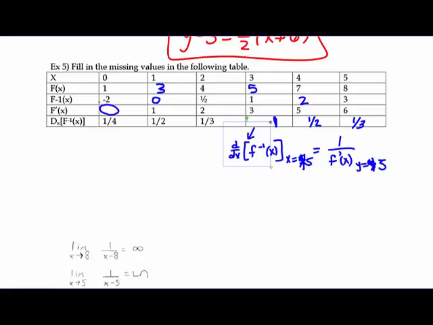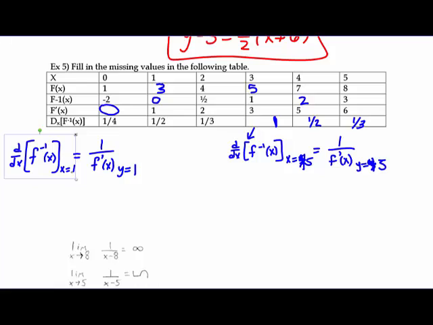Okay, now what about this guy right here? Well, let's see. This would have to have something to do with this inverse row, because I have that thing all filled in. So let's think about this for a second. This 1 over f prime of x when y equals 1 would be the derivative of f inverse when x equals 1.